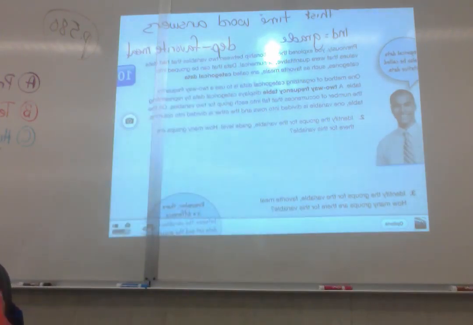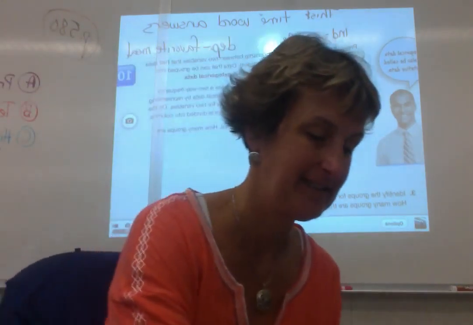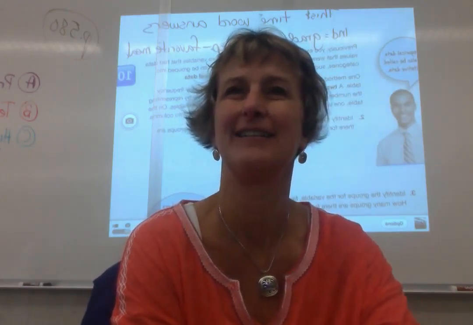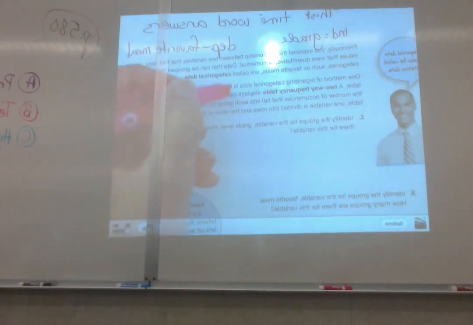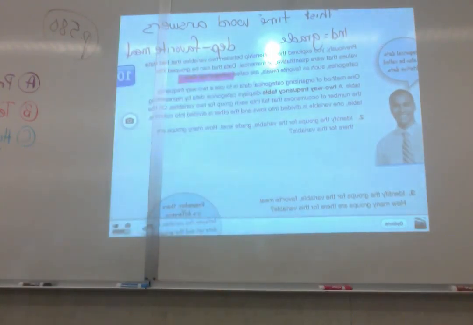One method of organizing categorical data is to use a two-way frequency table. A two-way frequency table displays categorical data by representing the number of occurrences that fall into each group of two variables on the table. One variable is divided into rows and the other is divided into columns.